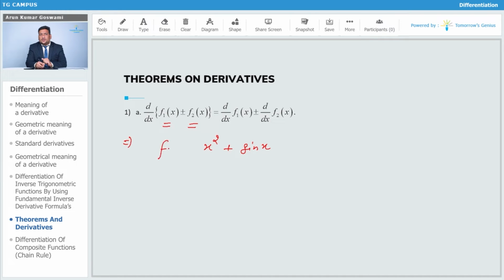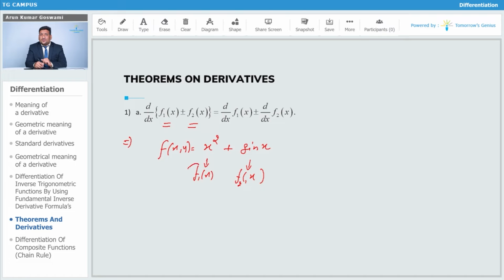So this is my function, or else we can say this is nothing but f1 of x and this is nothing but f2 of x.